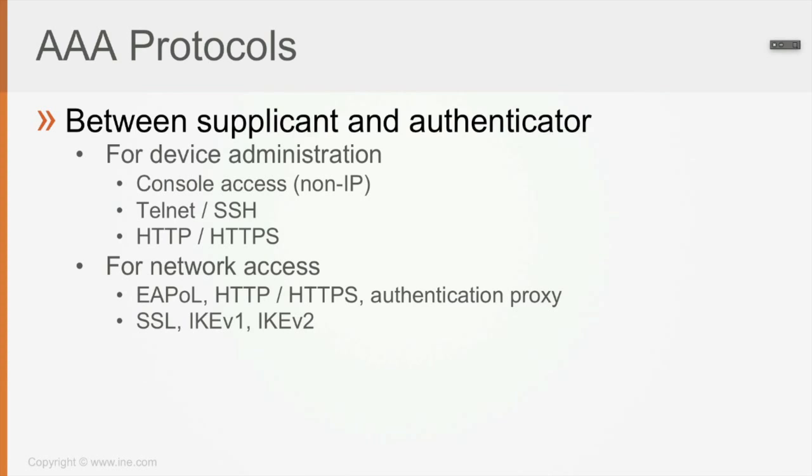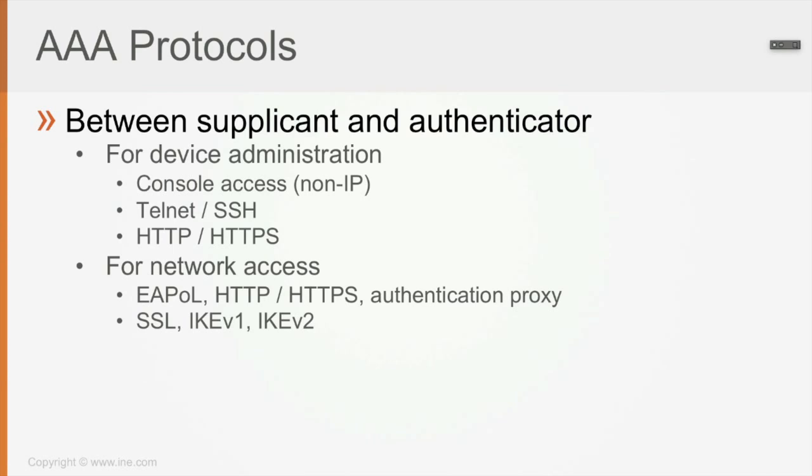If it's remote administration, then the user is going to telnet, SSH, HTTP, or HTTPS to the remote device to manage it. If we speak about network access, when the user connects to a VPN, a wired switch, or an access point to gain network access, then the protocols can be EAP over LAN, HTTP, HTTPS, authentication proxy, SSL, IKEv1, IKEv2.